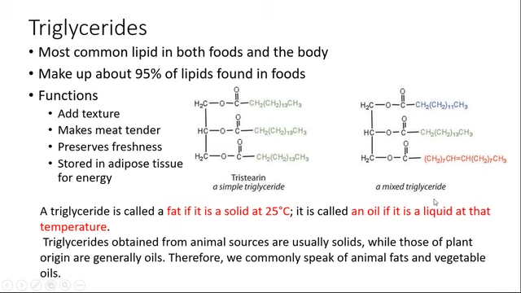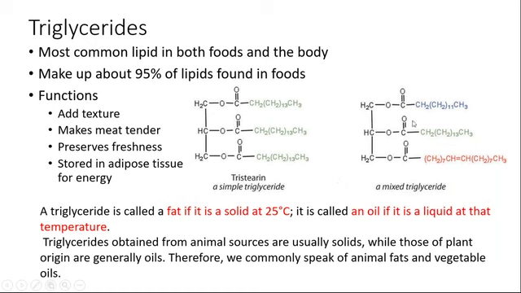So here what you have is a mixed triglyceride. There is no hard and fast rule on which fatty acid should be placed where. Whether all the three should be different, whether all the three fatty acids should be the same, whether two should be the same and one should be different. There is no hard and fast rule.